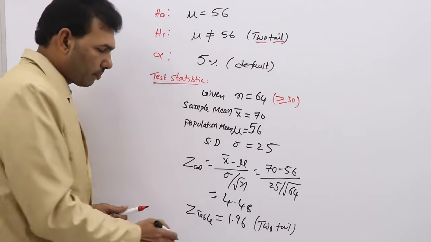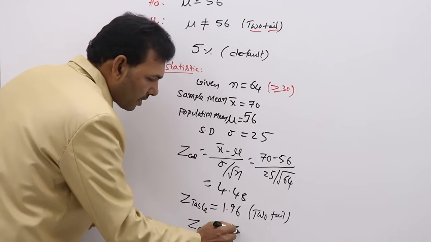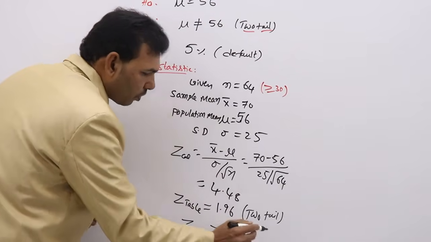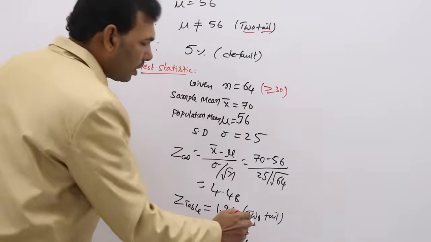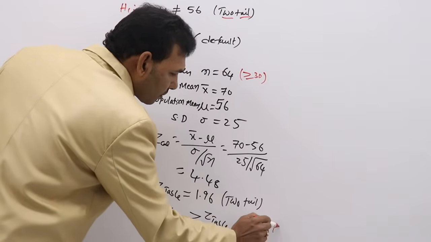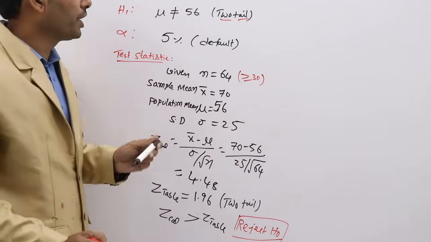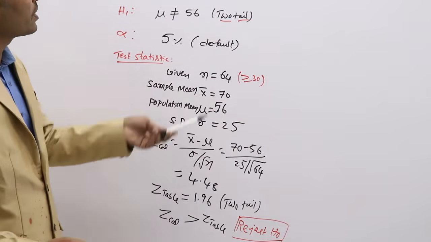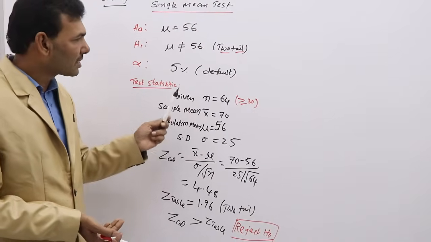Now compare. Z calculated is greater than Z table. So what do we need to do? If Z calculated is greater than Z table, simply reject H0. So finally we need to decide whether we have to accept H0 or reject H0. That is testing.